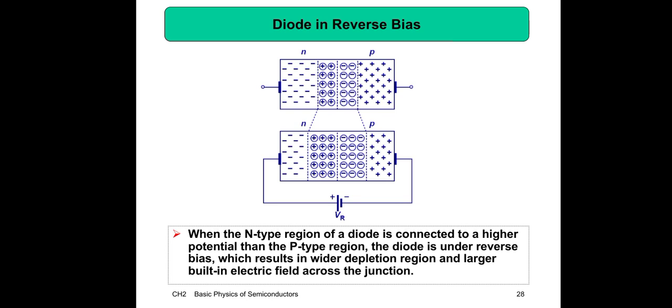Now to connect the p-n junction in reverse bias, we have to connect the p side to the negative terminal of the battery and the n side to the positive terminal of the battery. When the n-type region of the diode is connected to a higher potential than the p-type region, the diode is under reverse bias, which results in wider depletion region and larger built-in electric field across the junction.